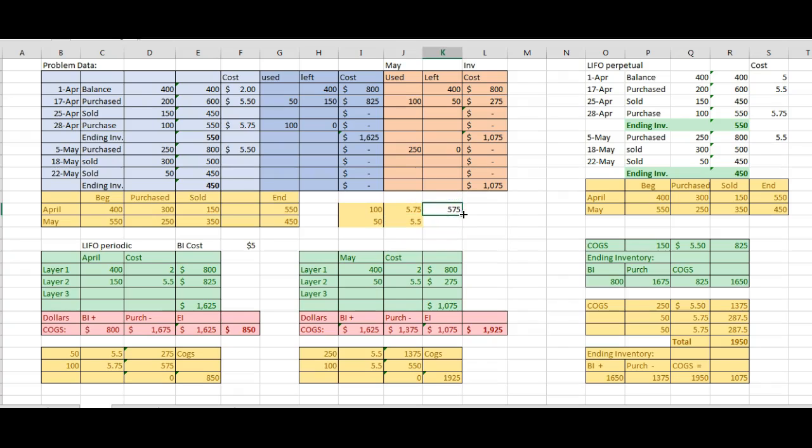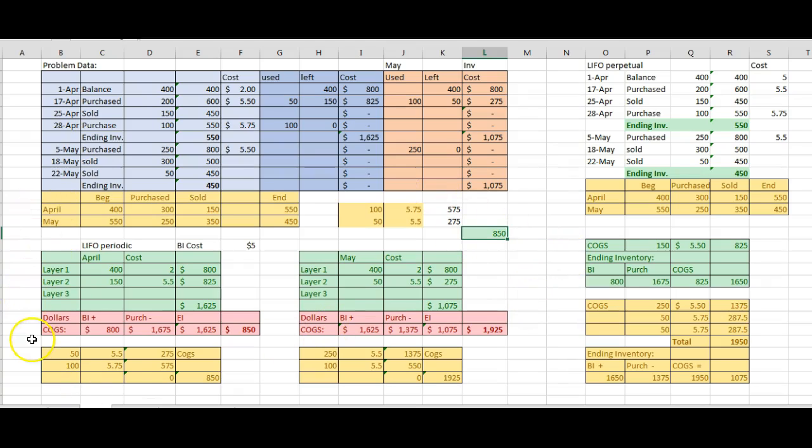And I should be able to pull that right down. So those added together would be our cost of goods sold, because those are the 2 layers we used, and those are the costs. So our cost of goods sold should be $850. So let's watch that number and see if it is as we do all these calculations.